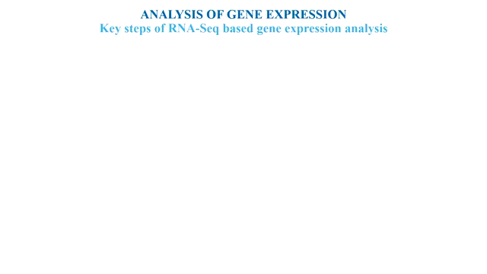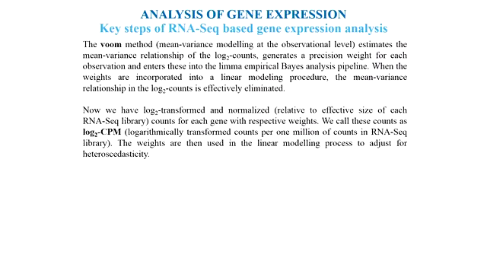It's mean variance modeling at the observation level. The VOOM method estimates the mean variance relationship of the log2 counts, generates a precision weight for each observation, and enters this into the subsequent empirical Bayes analysis pipeline.